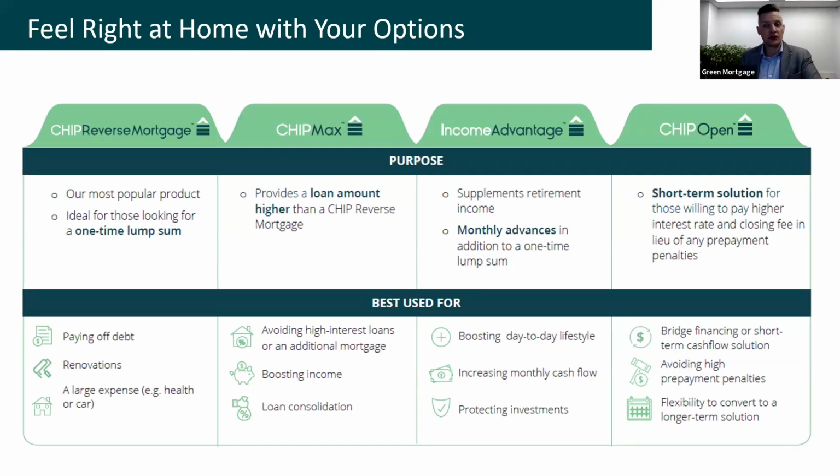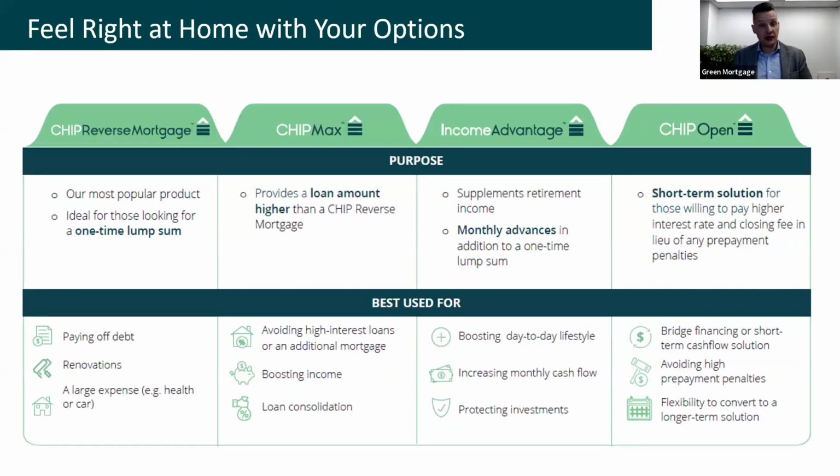It's a short-term solution for those that are willing to pay a higher interest rate and a closing fee in lieu of prepayment penalties. This is very commonly used for bridge financing or a short-term cash flow solution. Let's say you own a home right now and you're buying a new home, maybe downsizing, and you haven't sold your existing home yet. You could get an open mortgage through CHIP.